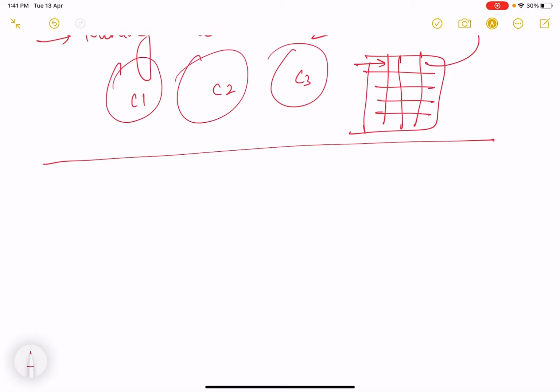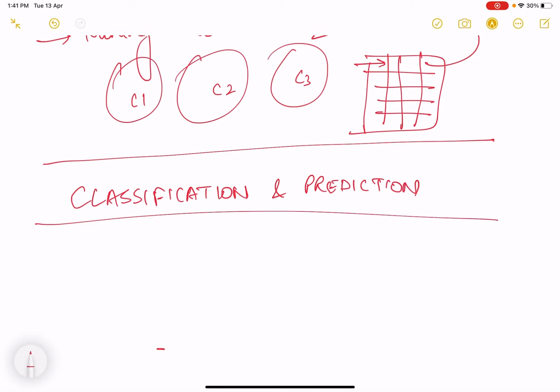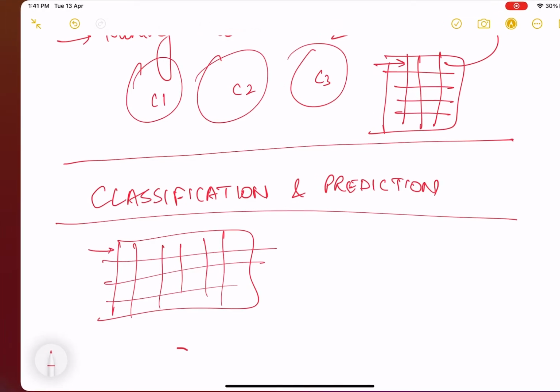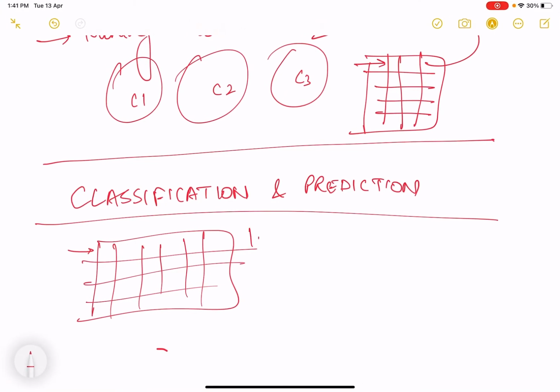Next part is classification and prediction. Now if we talk about classification and prediction, we see that there is a data set in which there could be some data which may not have a label of which class it belongs to.